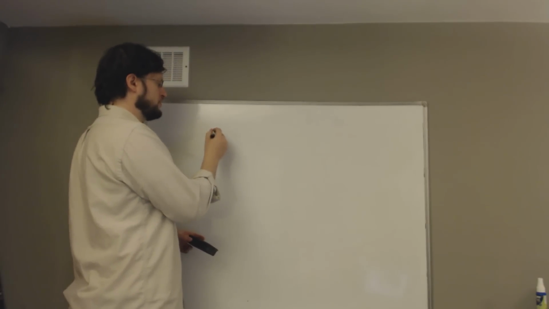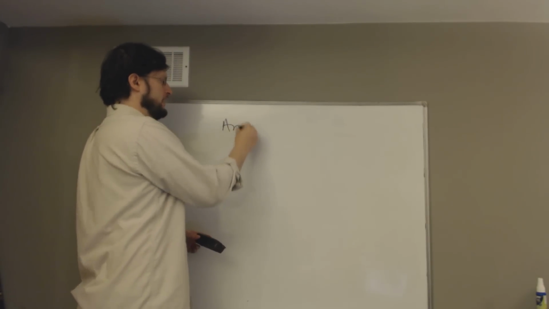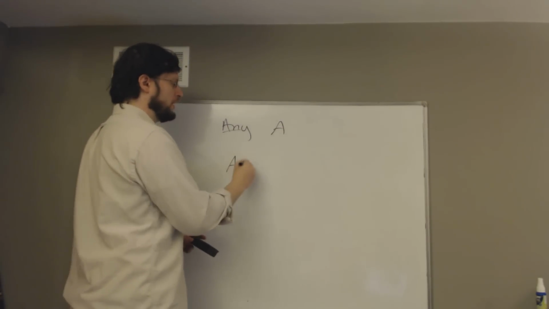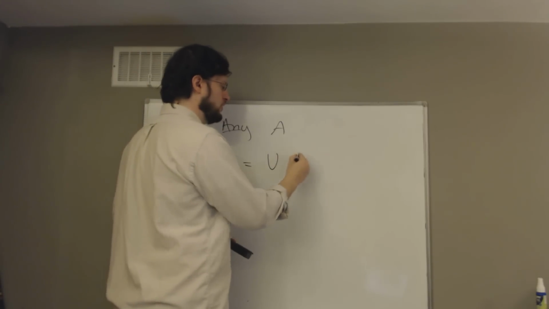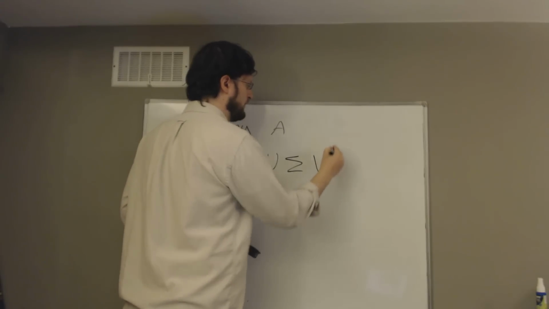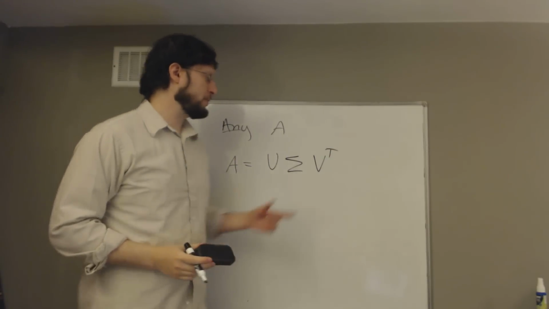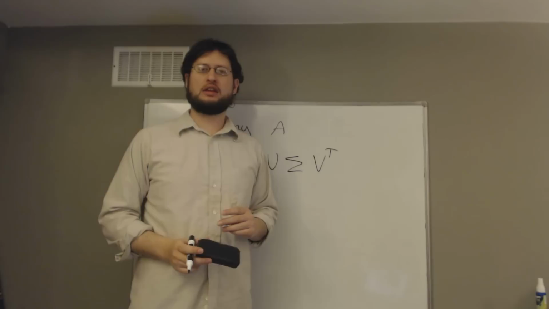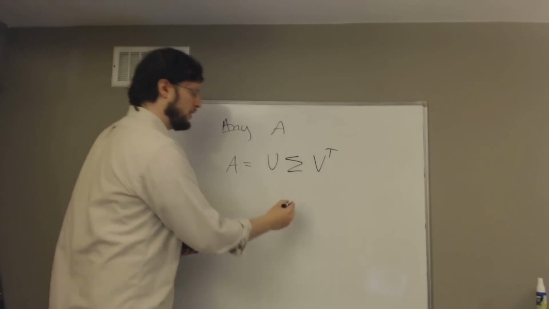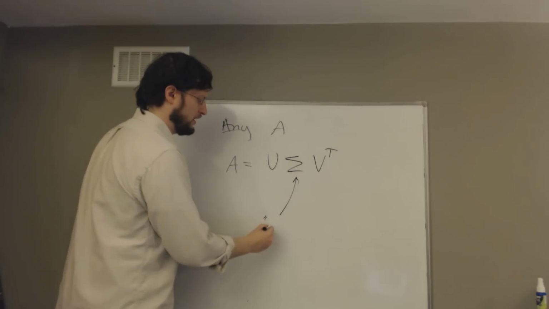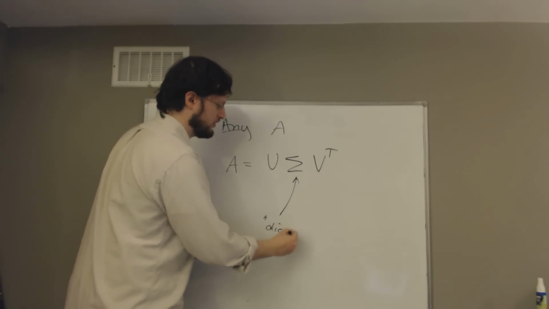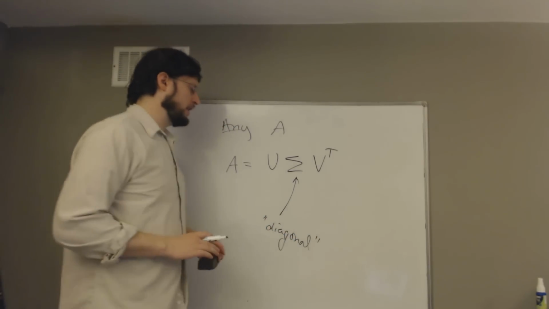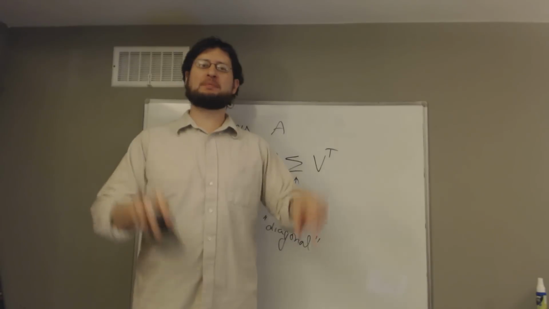What we will find is true is that for any matrix A, we'll be able to write A as U sigma V transpose. Remember that P inverse was P transpose for the symmetric matrix. Here sigma is going to be, I'm going to put diagonal in quotes, a diagonal matrix, but it might not be square.